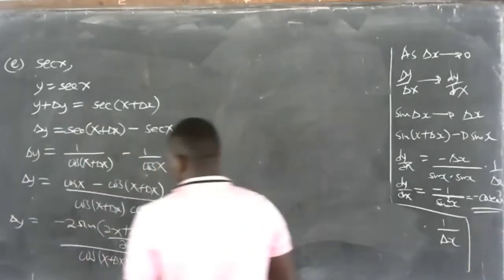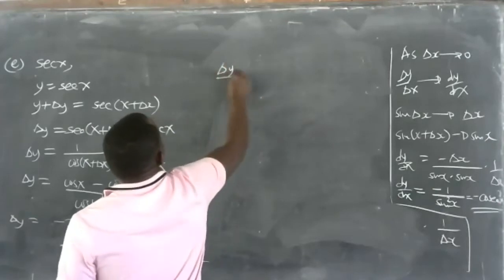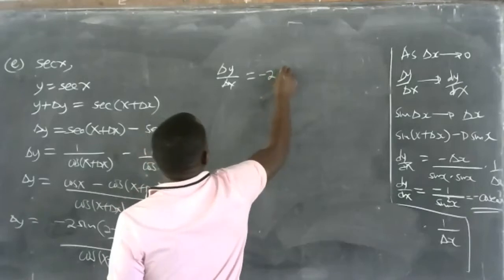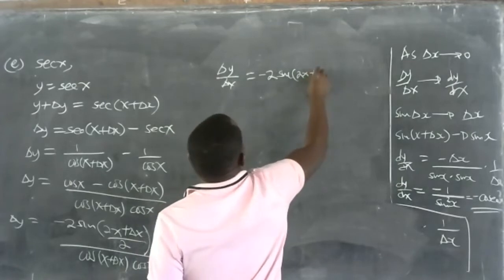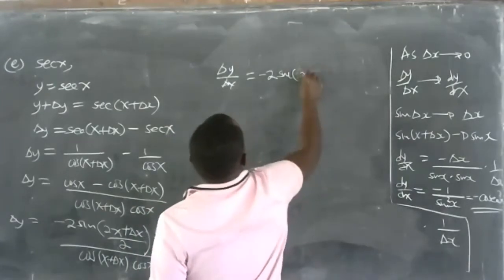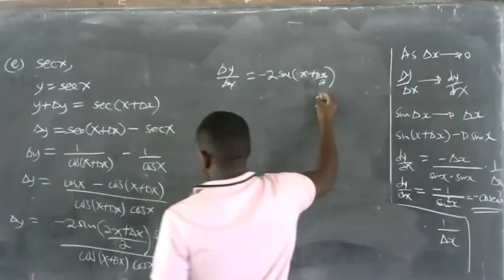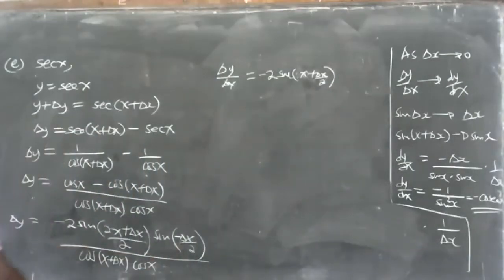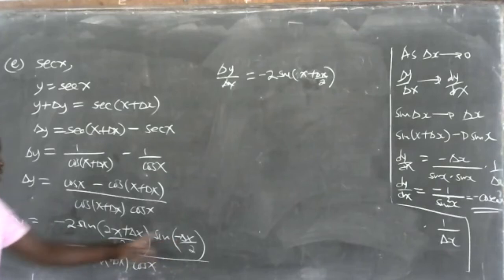Now, here I want to divide by change in x. Change in y by change in x. Negative 2 sin of change in x out of 2, sin of x plus change in x out of 2. This negative, when you take it out to make this a positive quantity, take this negative out.